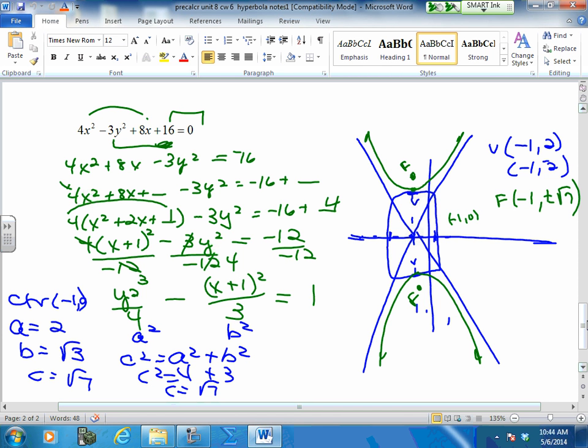We only use the covertex to make your box. So we technically don't have a minor axis. So we call this your transversal axis versus a major. If you want to call it a major axis, that's fine with me.